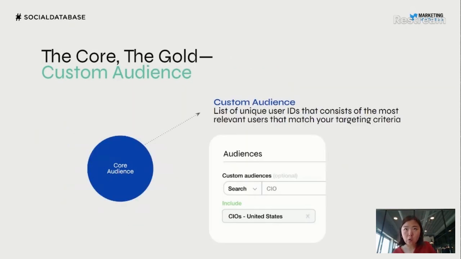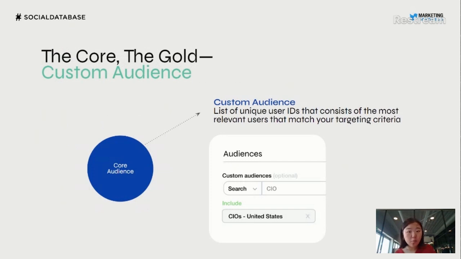So starting off with the core audience, this is the goal of your targeting. This part of the audience will be uploaded directly into your ad account as a custom audience segment. It consists of unique user IDs that match the desired audience description and therefore is the most highly relevant, with utmost quality.